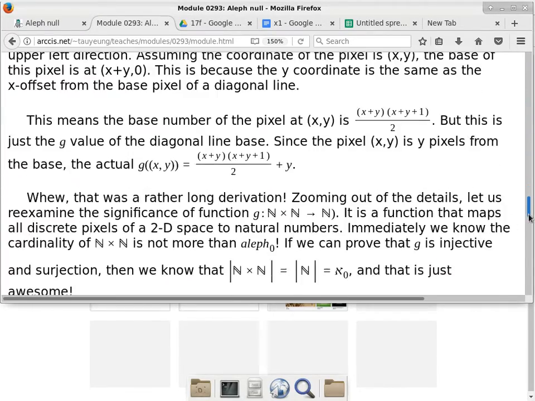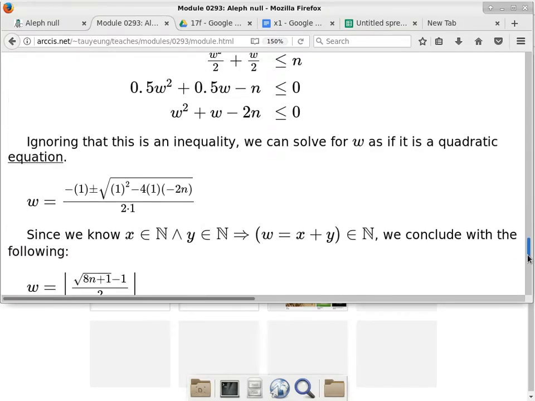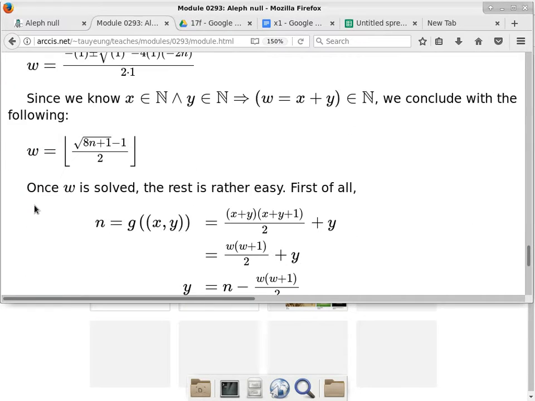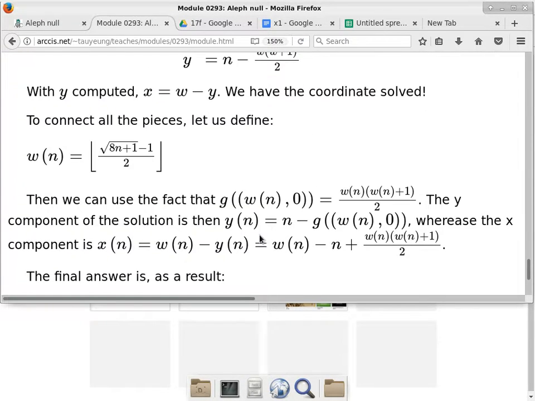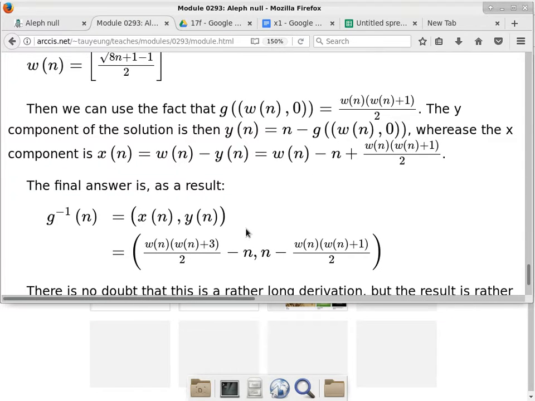So if you look up Olive Knoll, you have to first compute the W, and then once you have the W, you apply this, the closed form, final form here. So the inverse function is the W times W plus 3, the whole thing divided by 2 minus N is the X. So that would be the 6. Right. And then the other one would be the Y, which is the 22.